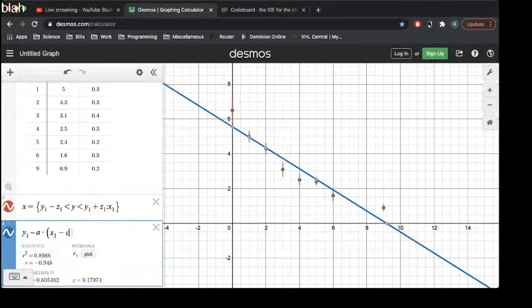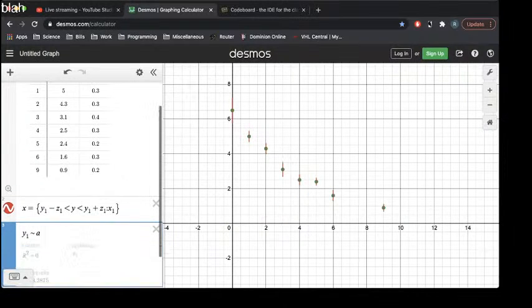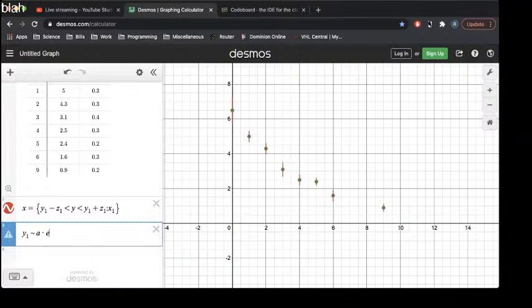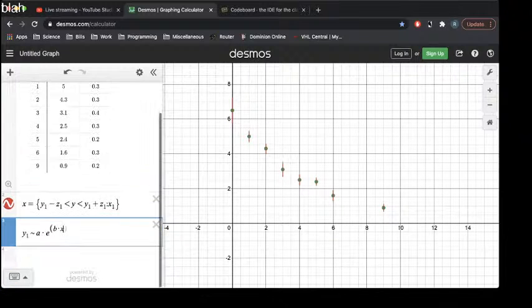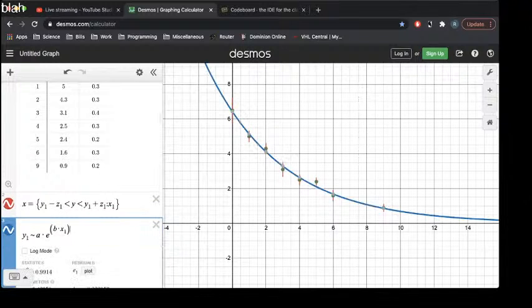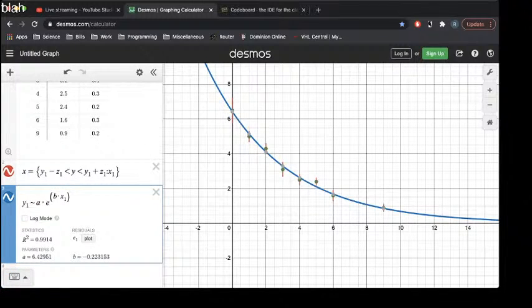All right, let's try exponential decay. A times e to the b times x1. So what do we see here? We've got an r squared value of 0.9914 for the exponential.